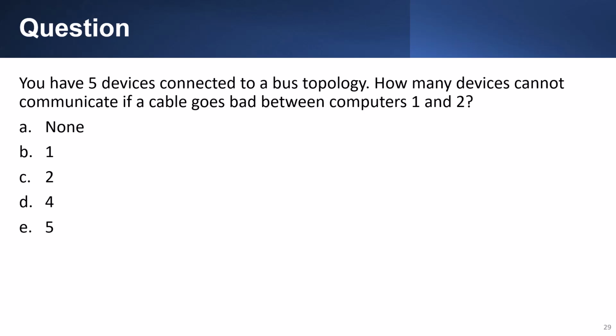How many devices cannot communicate if a cable goes bad between computers 1 and 2? Answer: 5. Remember, if the bus topology breaks, it affects the entire network.